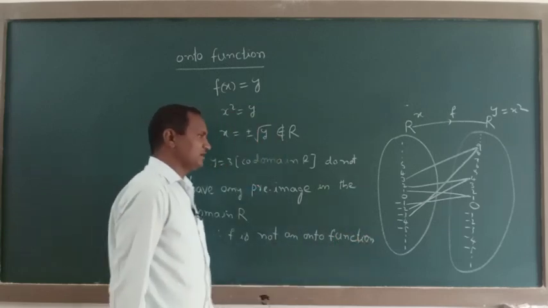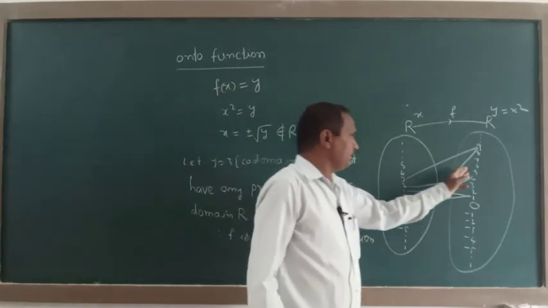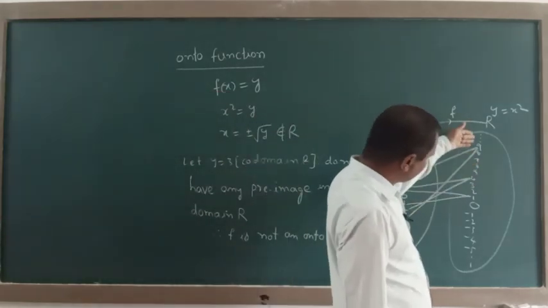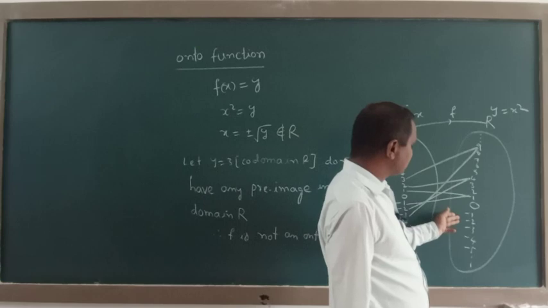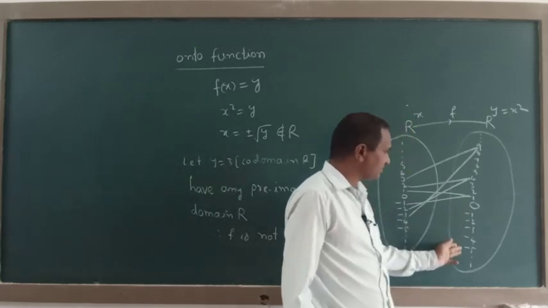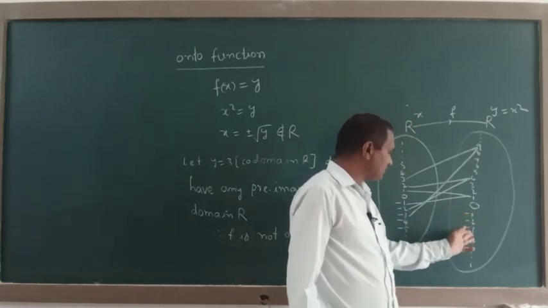Not only this, the mapping is not associated with any element you can take. For example, you can take negative elements also: -1, -2, -3, -4.